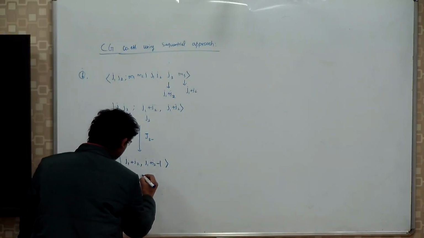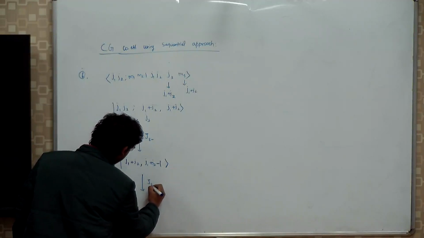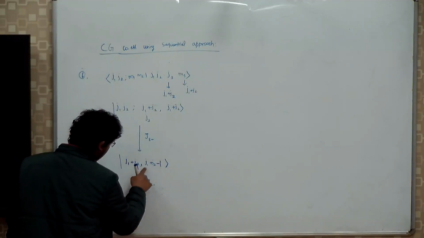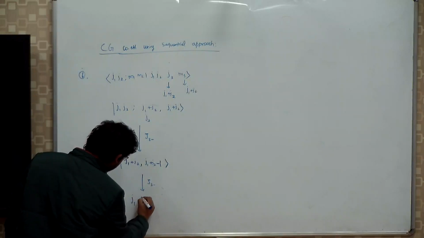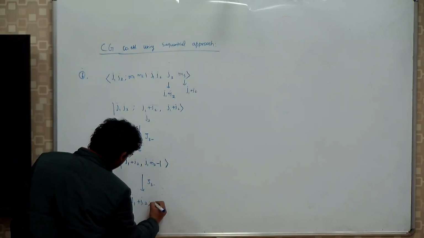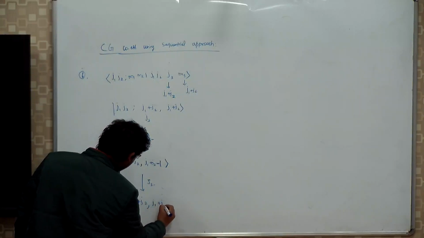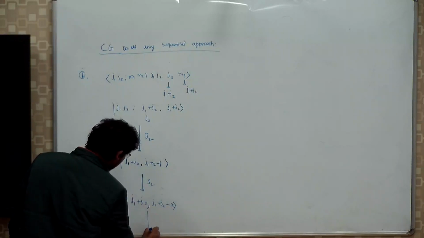Then again, if J3 minus acts on this, M3 will reduce by one notch, J1 plus J2 and J1 plus J2 minus 2. So it will go like this.